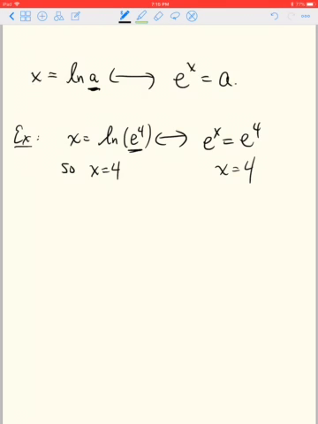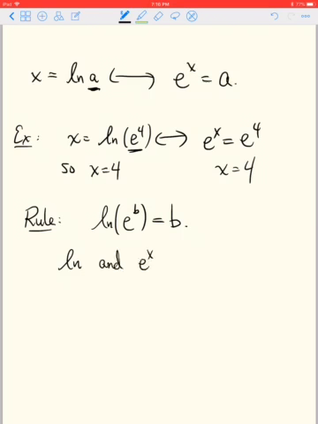So that must mean x is 4. So what we just computed was that the natural log of e to the 4th is equal to 4. And that's one rule of logs, that if we take log of e to any power, maybe e to the b, that's just going to be equal to b.